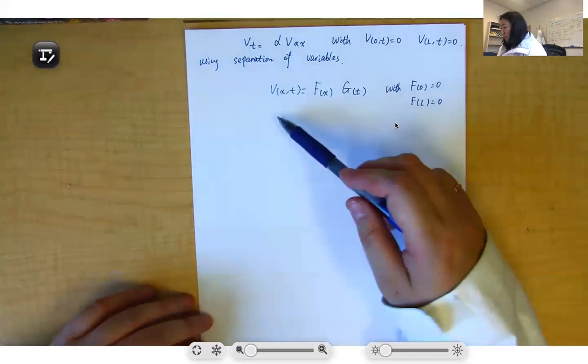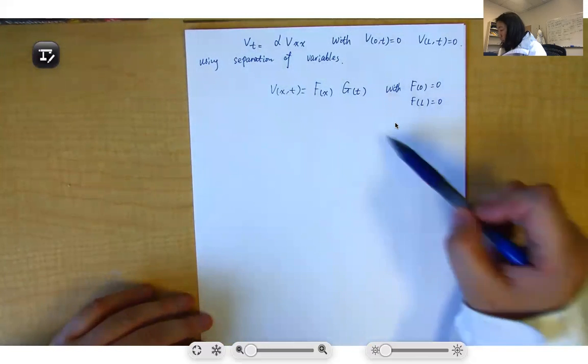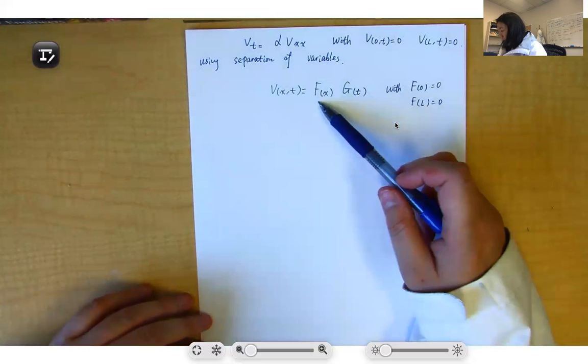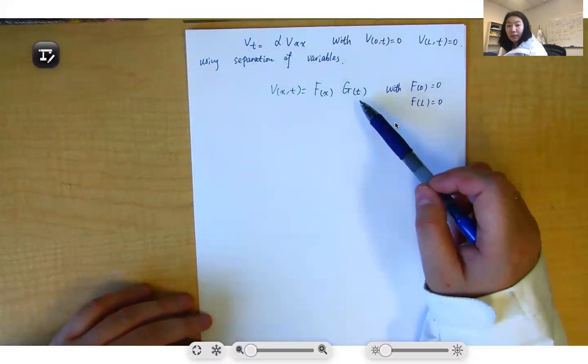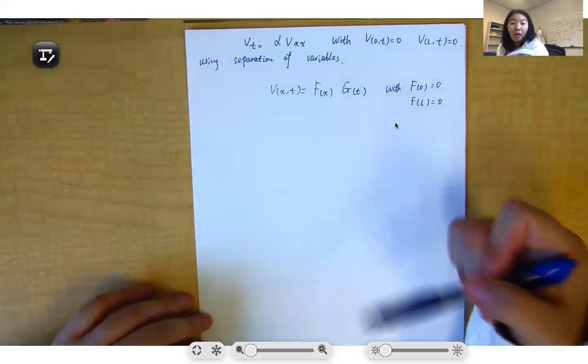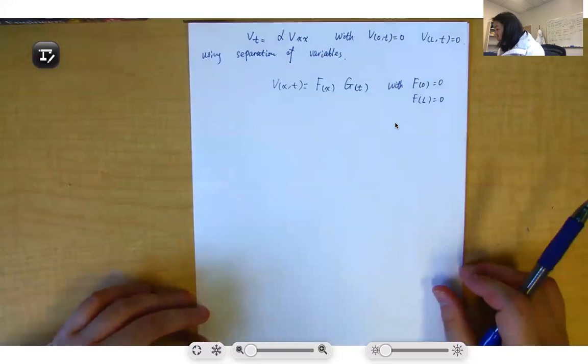This is the Sturm-Liouville problem for f(x), and it's just a simple first order ODE for g(t).